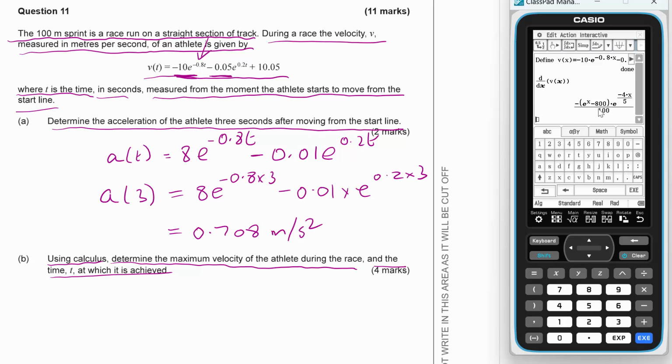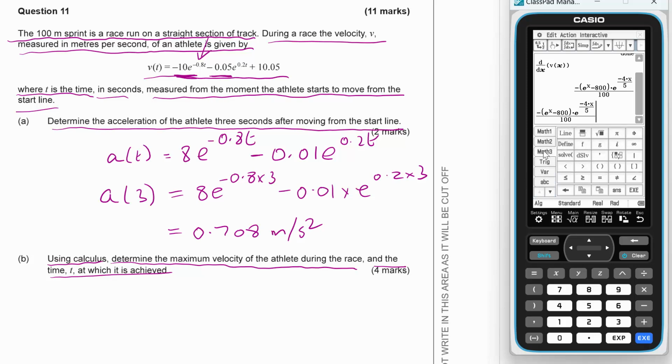And that is equivalent to what I got before. And we can show that by dragging that to here and evaluating that with x equal to 3, and do that in decimal mode. And you can see we've got the 0.708. So that's the right expression.